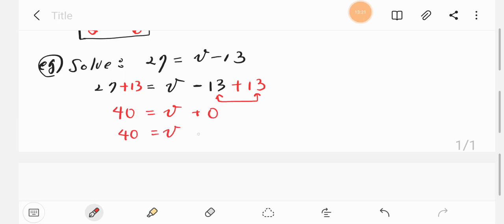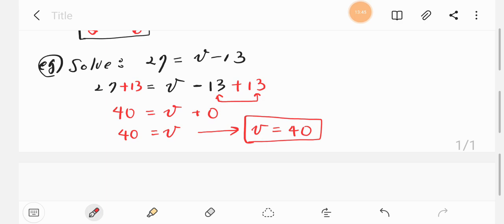So the solution is, you can write v first, v equals 40. You don't have to check, but if you want to check, go ahead. 40 minus 13 is 27.